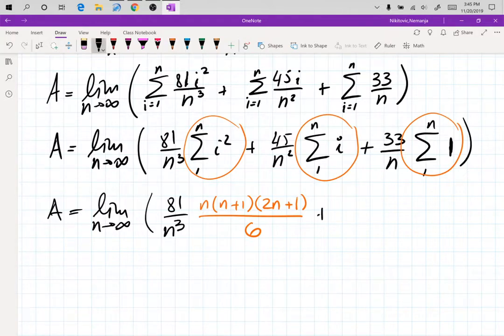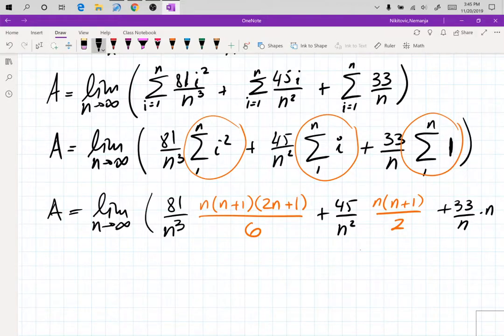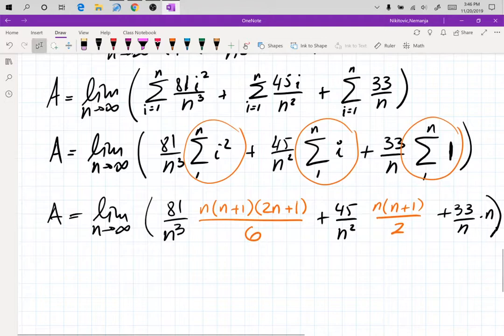Then we have plus 45 over n squared, and then we have the i, and that would be n plus 1 over 2. And finally, plus 33 over n times n, because the summation of 1 is just going to be n.